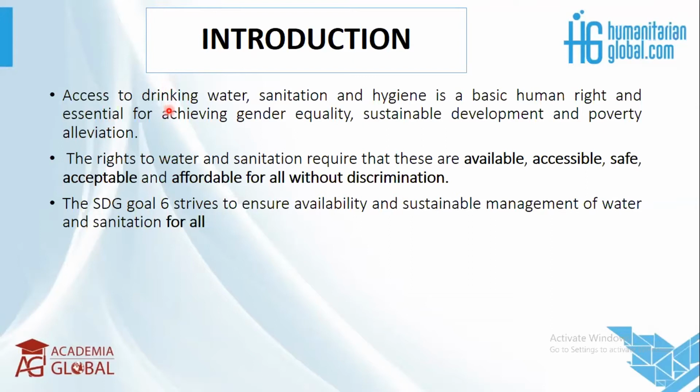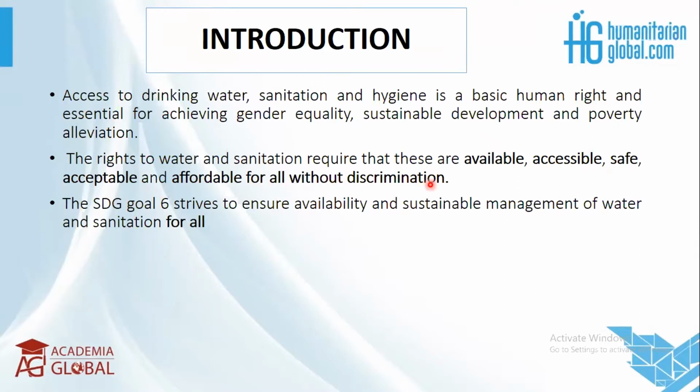So the key thing for us today is looking at it from a human rights perspective. If we are talking about the right to water and sanitation as a human right, it has to be available, accessible, safe, acceptable and affordable for all without discrimination.